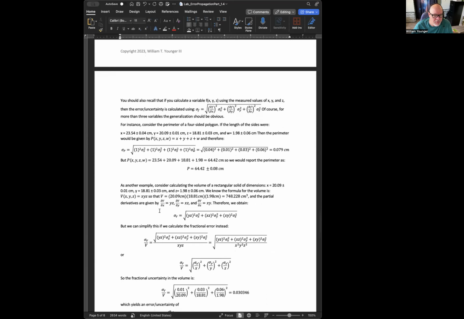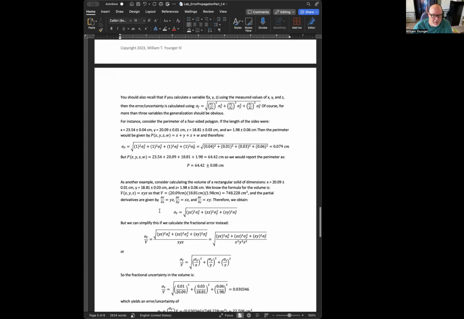And it turns out that sometimes it's better to calculate the fractional error instead of the standard errors. Notice this is just a standard error here, whereas this is the fractional error. And the reason why, for instance, when I did f equals x times y times z, then the partial derivative of f of x, y, z, which equals x times y times z, with respect to x is what you get by just pretending like y and z are constants.